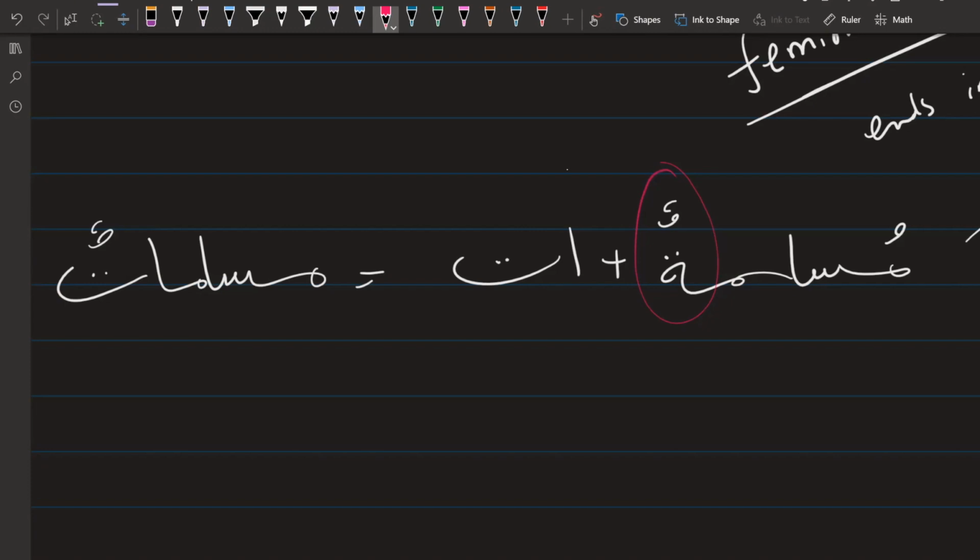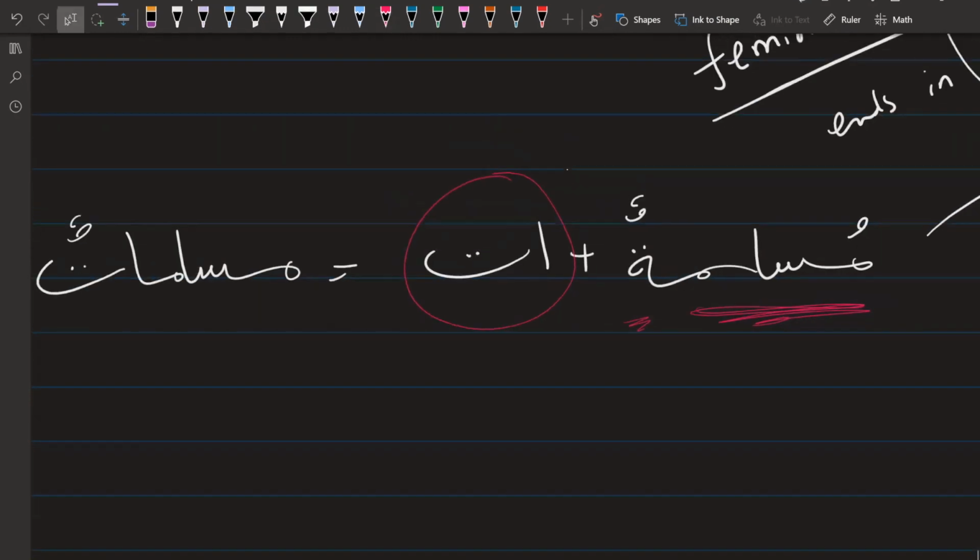It sounds weird, and it also doesn't make sense, because as I explained before, the word was Muslimun, and the ta marbuta meant to make it feminine. Here the alif and ta also make it feminine. It doesn't make sense to use two signs to say something is feminine. So this is how they see it.